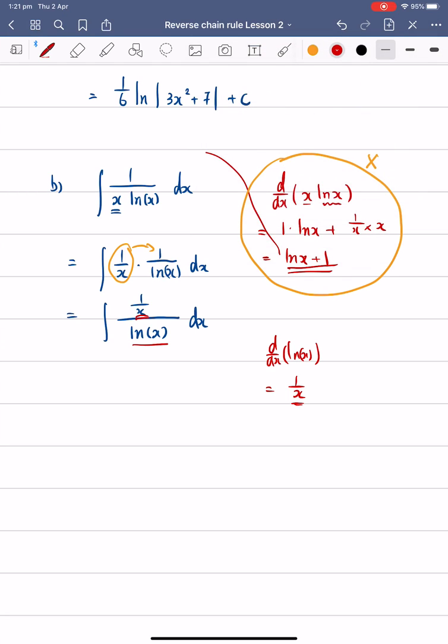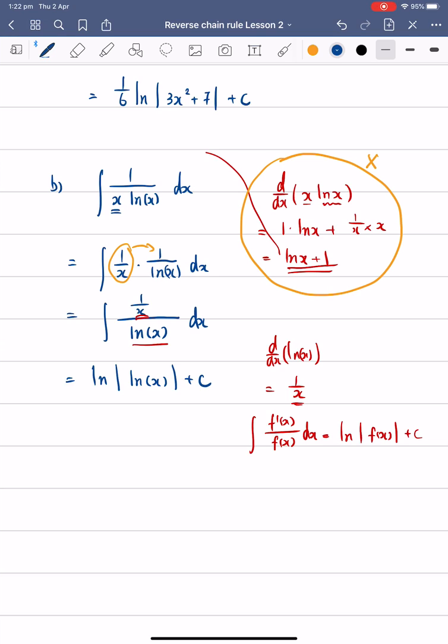So what is the formula? The formula is f dash x over f(x) dx is equal to ln absolute value of f(x) plus c. So you've got a formula here, then that gives you the answer ln absolute value, another ln x inside, plus c. So it's a really interesting question.